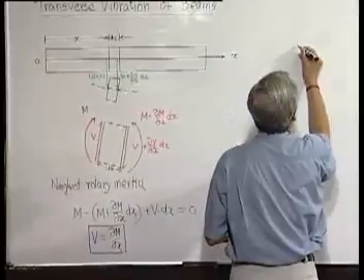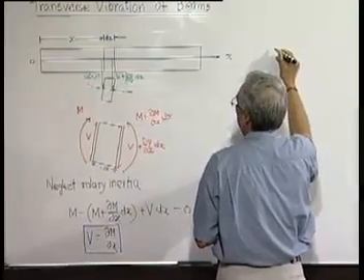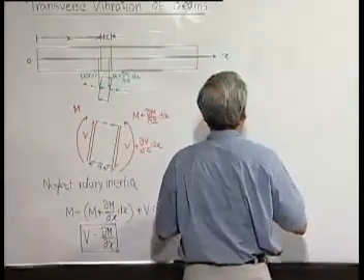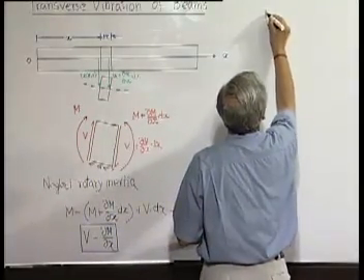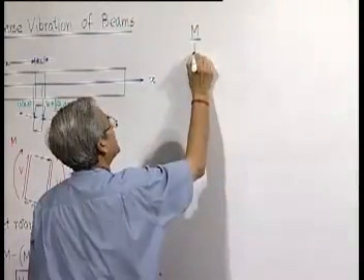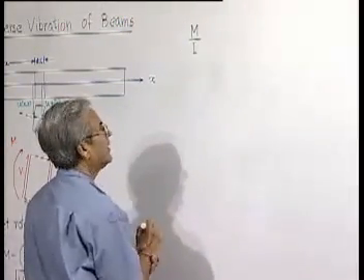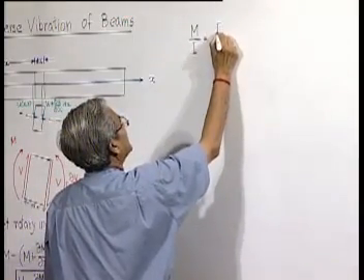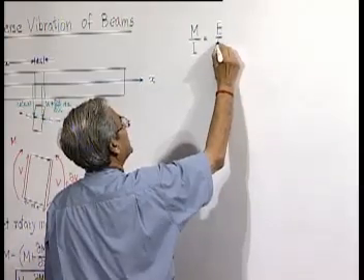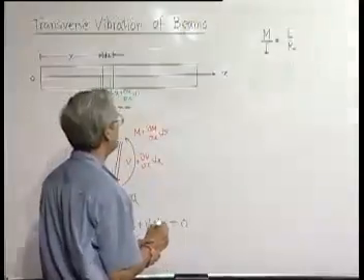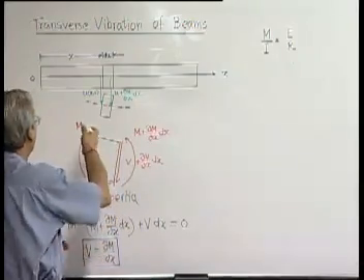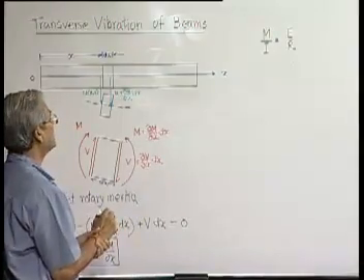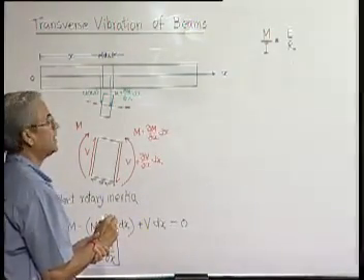Now we know from bending theory that the beam equation says M by I is equal to E by R, where M is the bending moment, I is the second moment of area of the cross section, E is the modulus of elasticity of the beam material, and R is the radius of curvature.